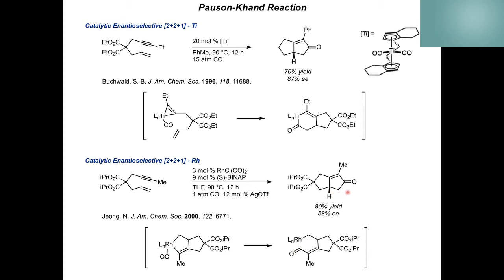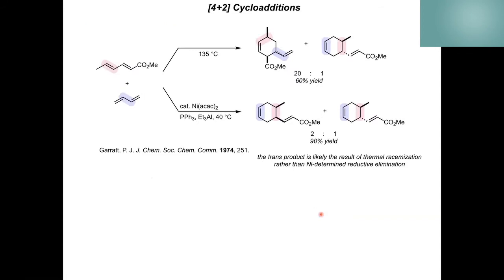So it's two kind of contrasting mechanisms that essentially get to almost the same intermediate, but you'll notice a slight difference in the preference of rhodium versus titanium to undergo that regioselectivity of migratory insertion in those cases.